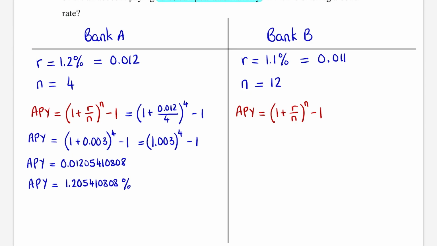For Bank B, I will replace R with 0.011 and then N with 12. I have 1 plus 0.011 over 12 to the 12 minus 1. And I can put the whole thing in the calculator.